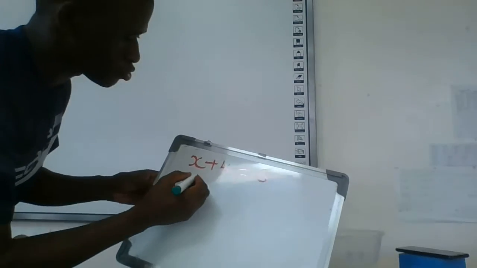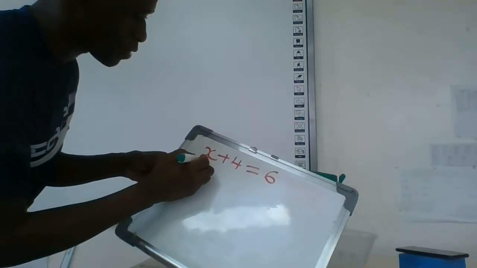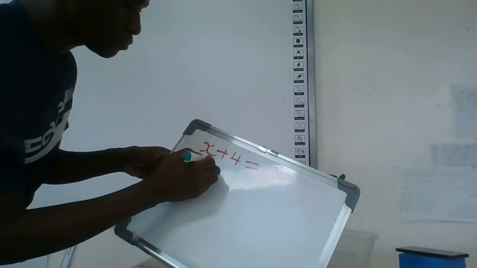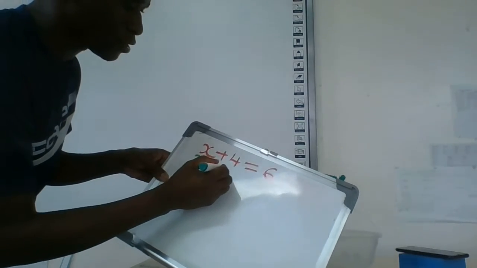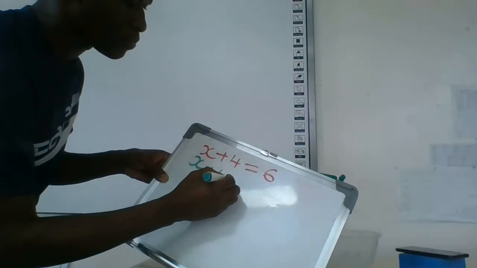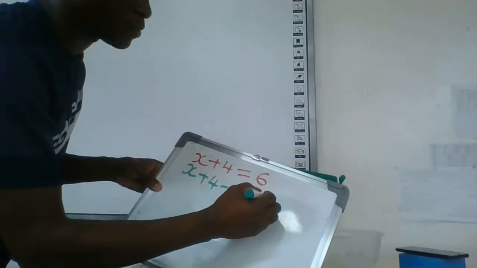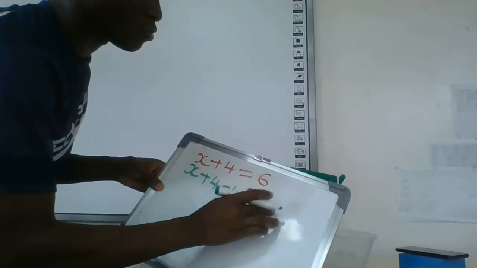So when we take away the marbles one by one, this can be written as, in the end result, we are going to subtract 4 marbles and subtract 4 marbles on the other side.